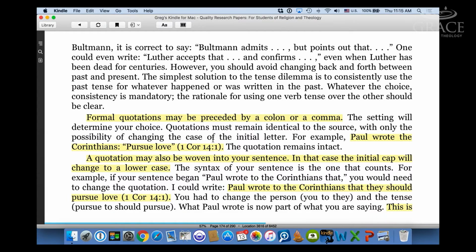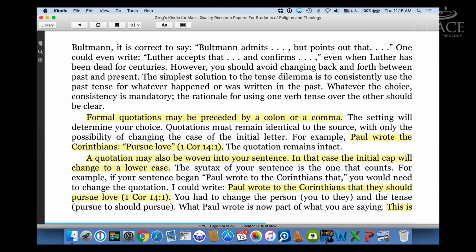You can weave a quotation into your sentence. And so, if your quotation in the source begins with a capital letter, you'll need to change that to a small letter if you're weaving it into a sentence. So what if you say something like this? Paul wrote to the Corinthians that they should pursue love.